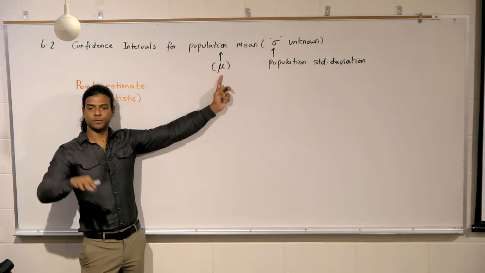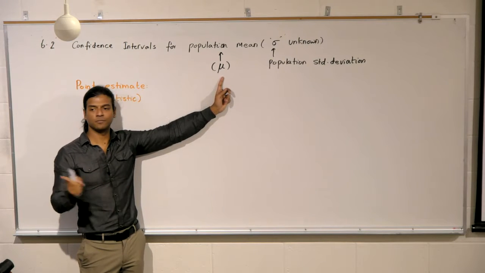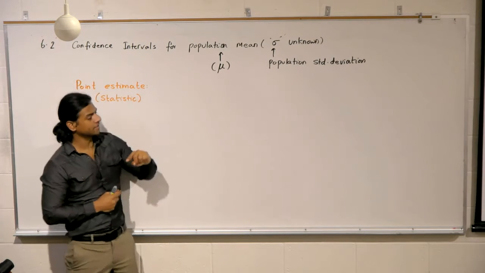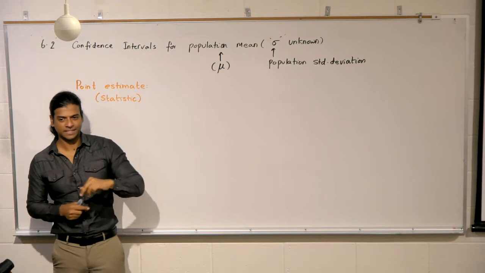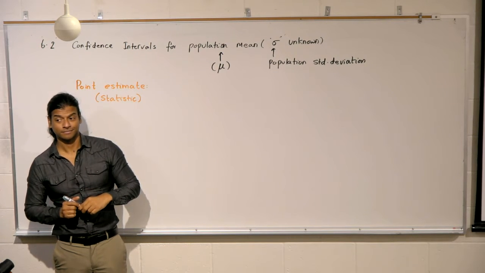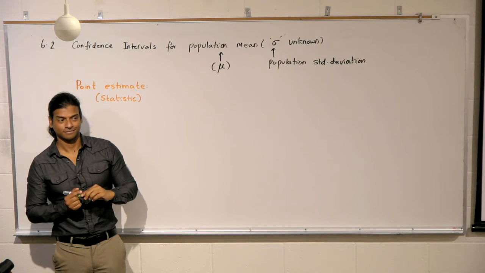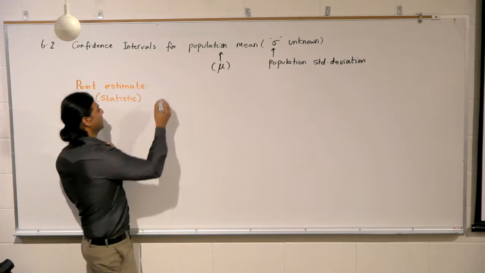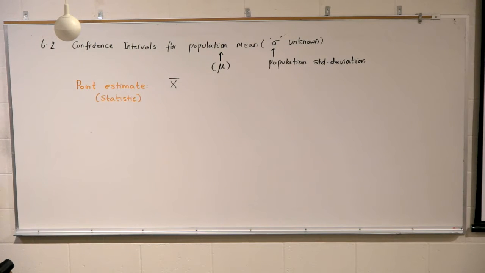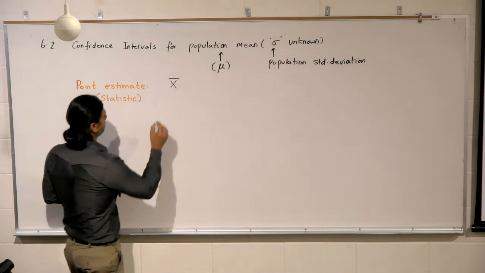If mu is the population parameter and I want to estimate it using a sample, what notation do we usually use for the sample mean? X bar. Very good. So X bar is simply the sample mean.